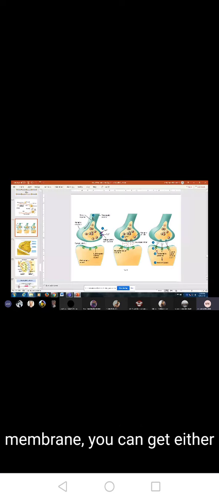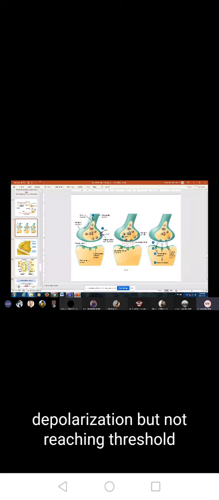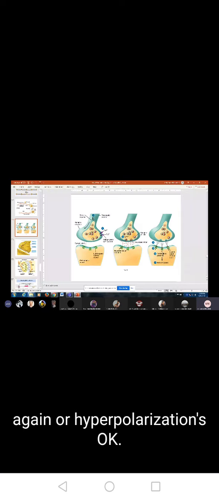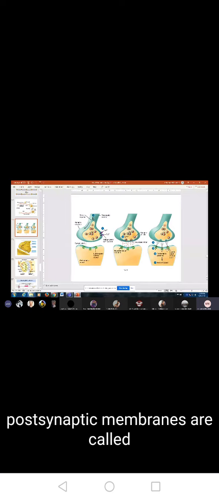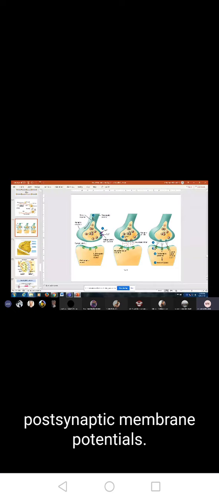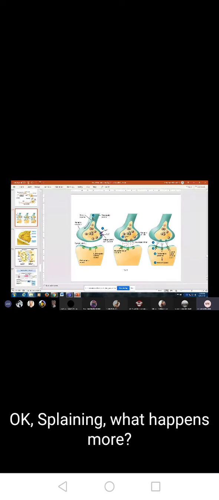If you have activated potassium channels, what are you getting? Hyperpolarization. So as a response of the postsynaptic membrane, you can get either depolarization, but not reaching threshold, or hyperpolarization. And these potentials developed at the postsynaptic membranes are called postsynaptic membrane potentials.